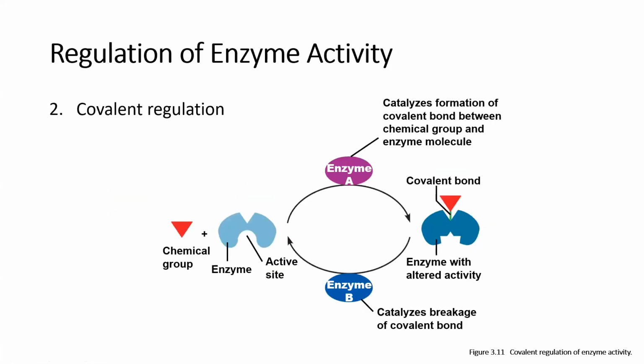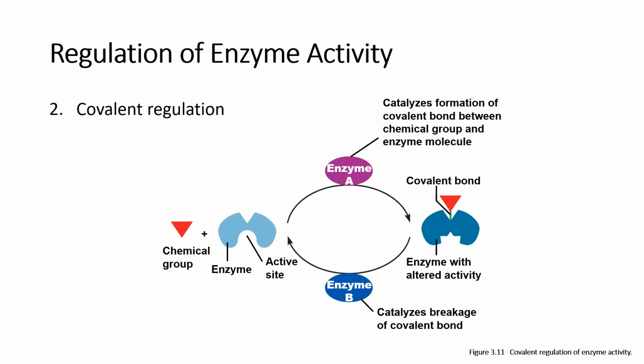The second one was slightly more complex. This was covalent regulation. This was essentially a third-party enzyme that would add a chemical group, usually a phosphate, to the enzyme, and that would change the state of the enzyme, either turn it on or turn it off. And then there would be an opposing third-party enzyme, in this case enzyme B, that would remove that chemical group and do the alternative function.